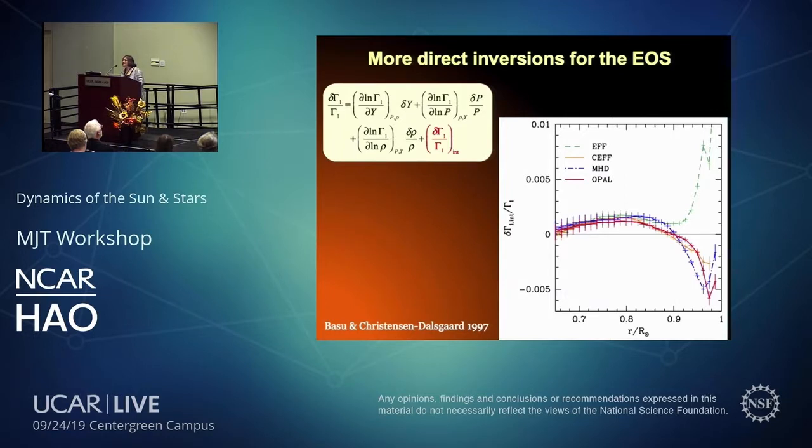So you need to extract that bit of the adiabatic index that only depends on the equation of state. And you can do that and invert for that. And we did that many years ago. And we could again show that, yes, indeed, the Eddington, Faulkner, and Flannery equation of state should not be used.